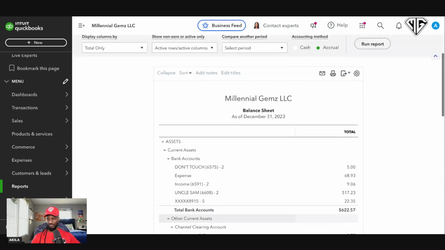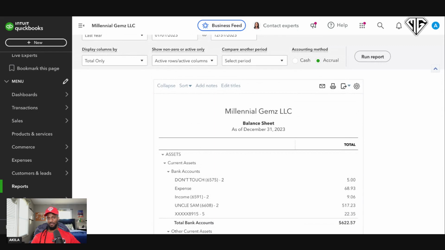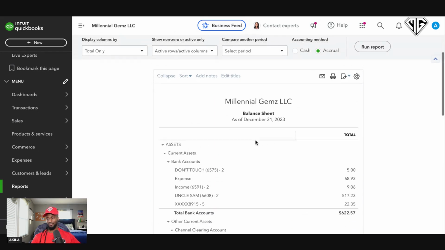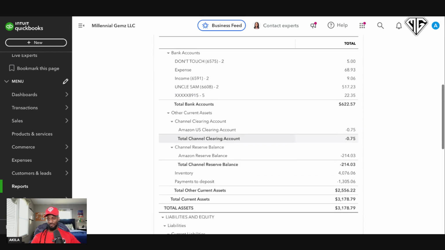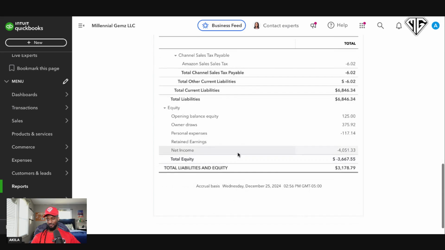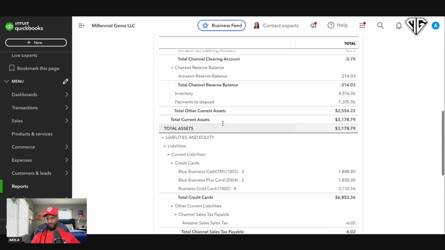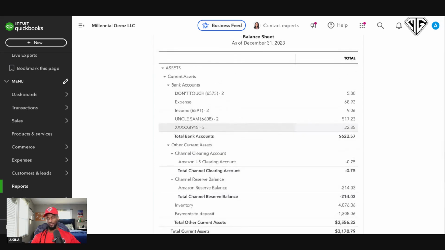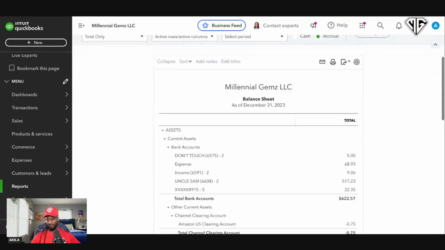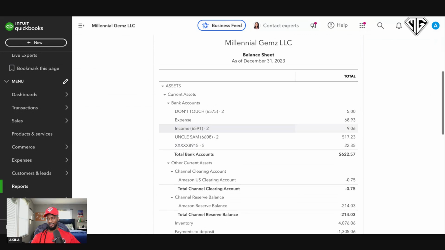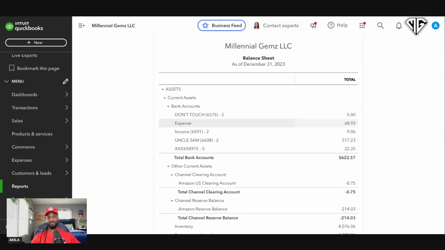So that's essentially the breakdown of how you read a balance sheet and a profit and loss sheet. It can be a little more complex the more things you have involved, like your chart of accounts, but this is pretty much the breakdown. This is how you really understand the value of a company.